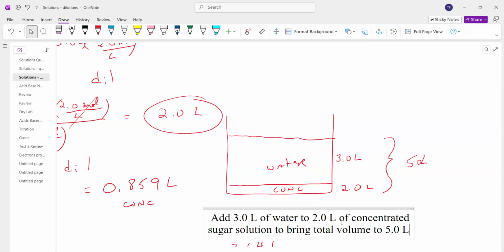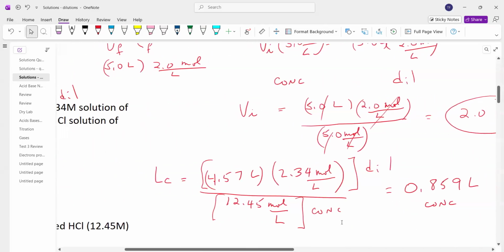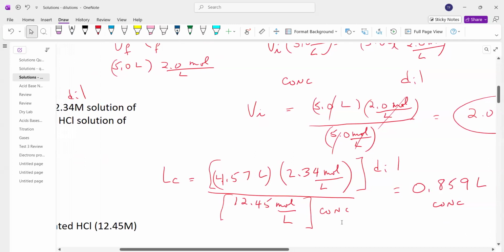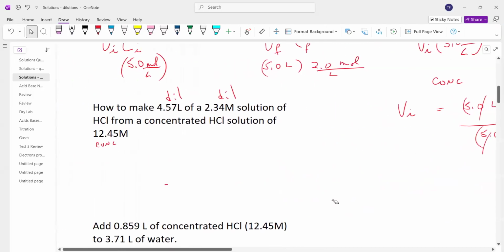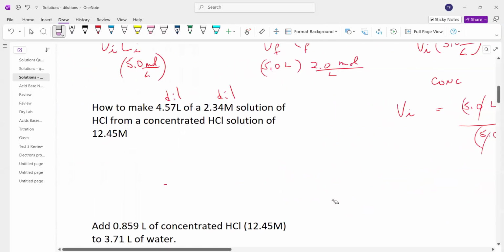Okay, so let's do another one. How to make 457 liters of 2.34 molar HCl solution from a concentrated solution of 12.45 moles per liter, or molar.